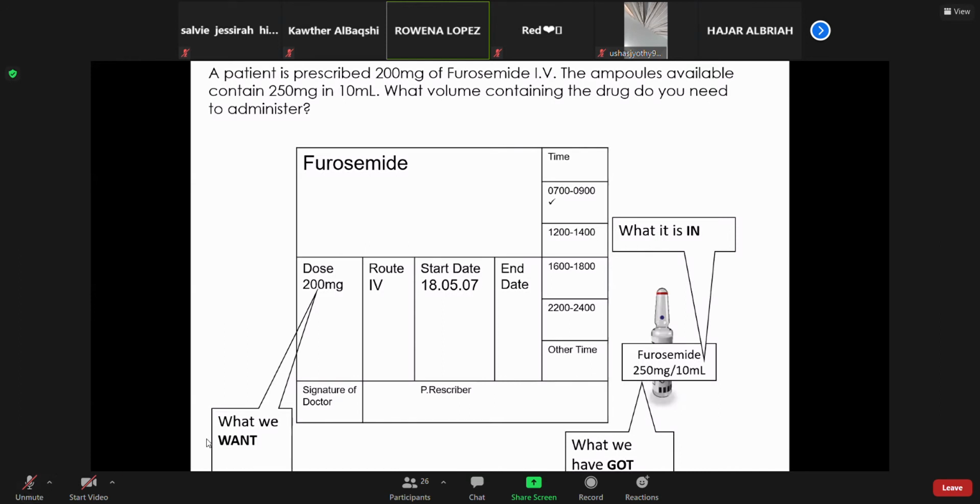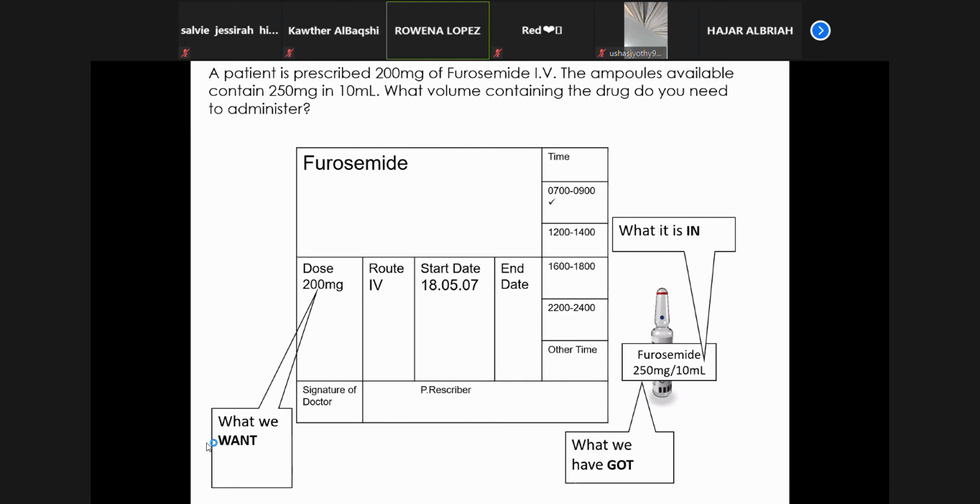So another question for you. A patient is prescribed 200 milligrams of furosemide IV. The ampules available contain 250 milligrams in 10 ml. What volume containing the drug do you need to administer? So we are now talking about the volume, okay?